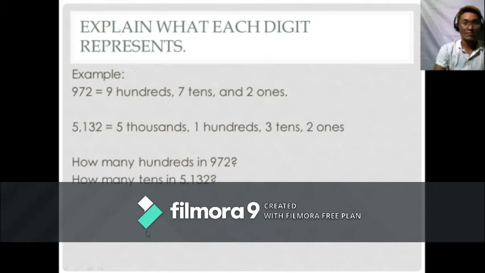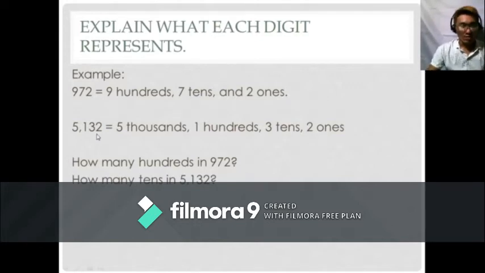Okay, next. Explain what each digit represents. Okay, there are numerical numbers here on the left side. Okay, 972. So when you explain each digit, you say 900, 7 tens, and 2 ones. Okay, next. How about 5132?